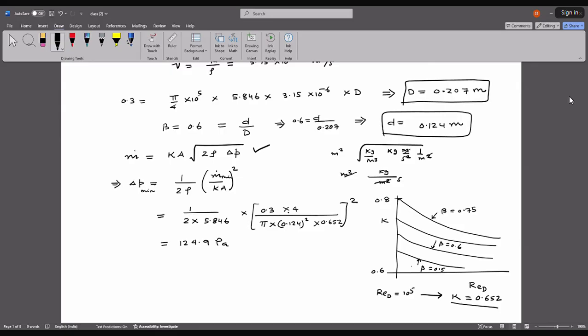So delta P max similarly will be 1 over 2 rho times m dot max over K A, squared. The only difference is that instead of 0.3, you use 1 kg per second as the maximum flow rate.